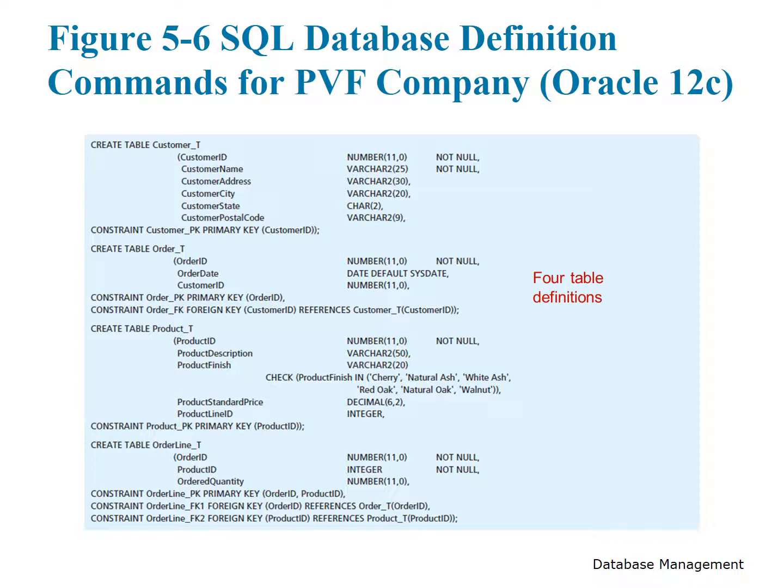Figure 5-6, SQL database definition commands for Pine Valley Furniture Company. Here we see the SQL data definition language commands for creating four tables, one each for customer, order, product, and order line.